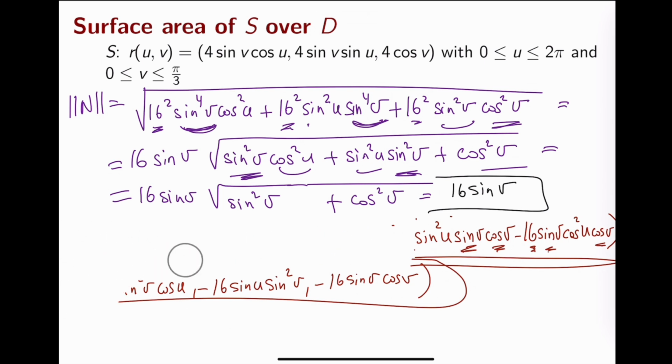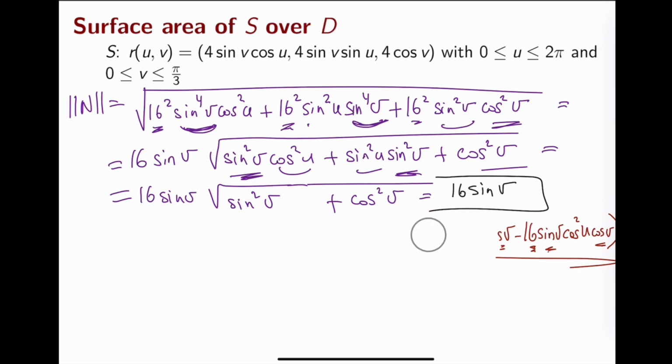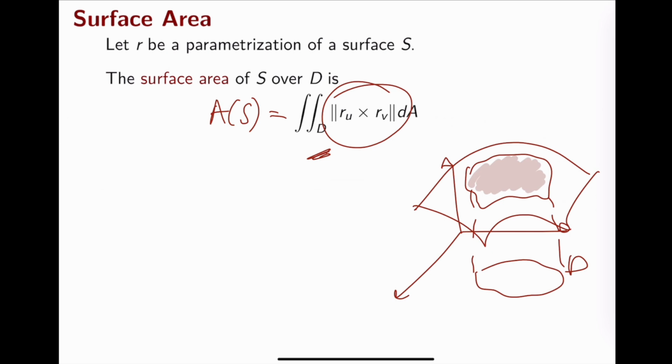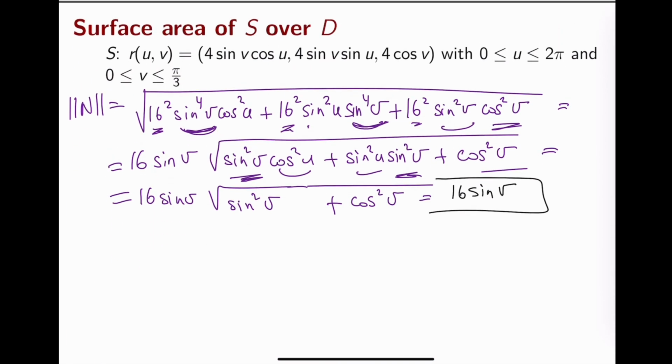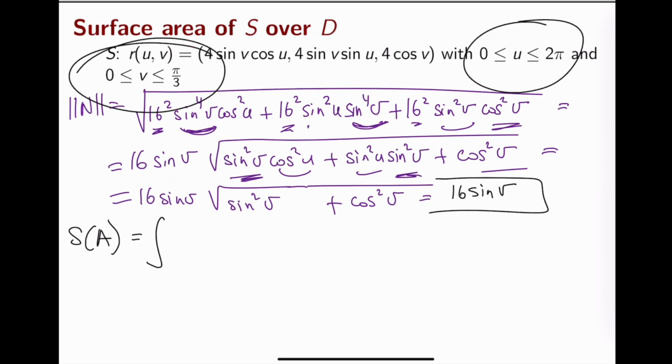If you remember the formula that we saw before for the area of a surface, we need to integrate just the norm of this vector. So we got that the norm of this vector is 16 sine v, so that's what we are going to integrate. The surface area is going to be the integral over D, which in this case is going to be this variation here.